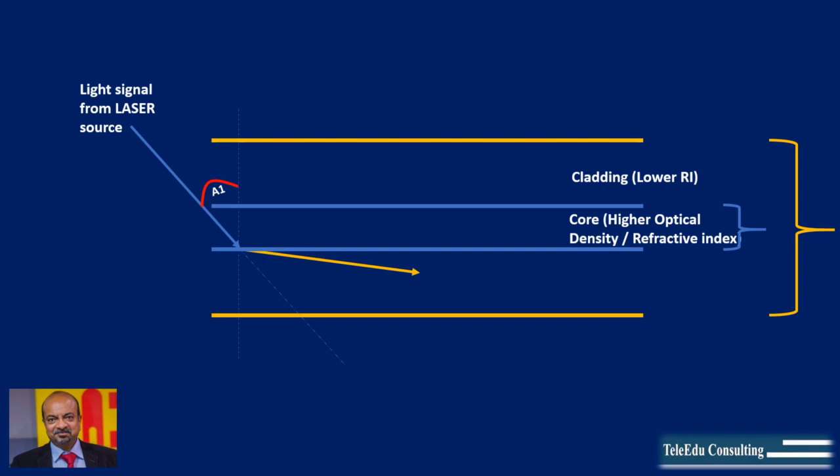The bending happens due to different refractive index of core and cladding. The bending happens towards the core as its refractive index is higher than the cladding, as we have understood earlier, and it is very clearly seen in the animation here. The angle of bending or refraction can be seen as R1.